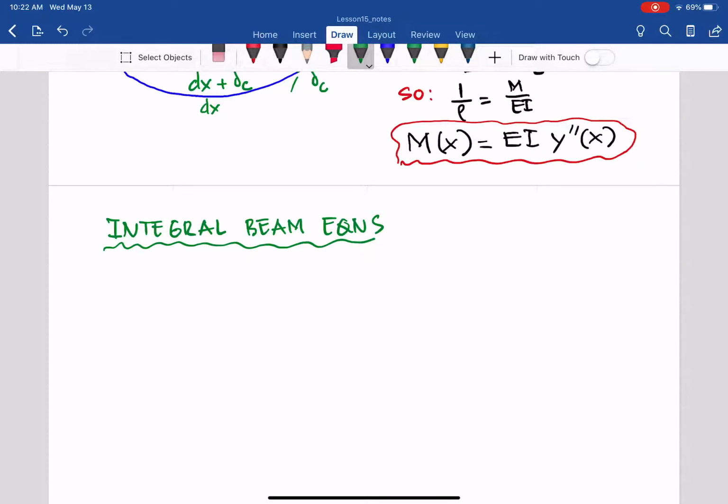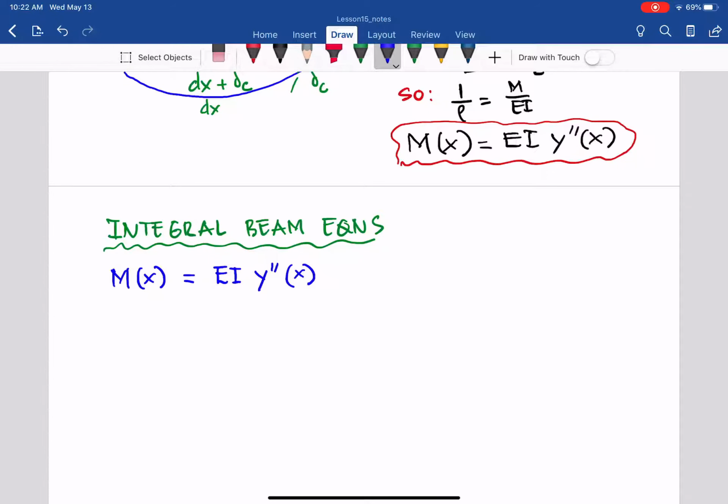What are the beam integral equations? Let me write that equation again. Mx, moment at any point, equal to EI times the second derivative of the elastic curve function.